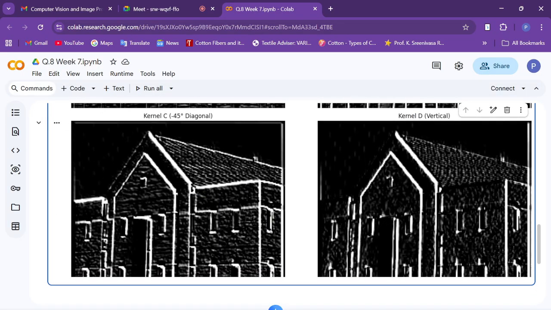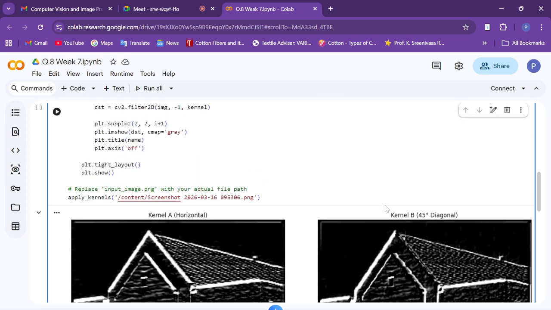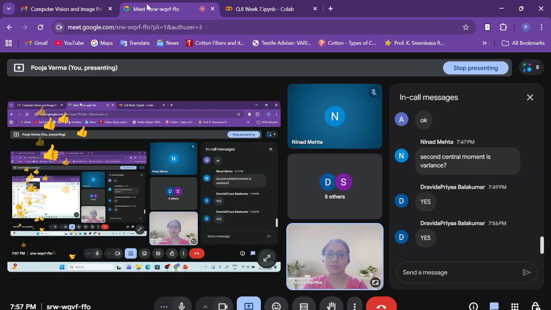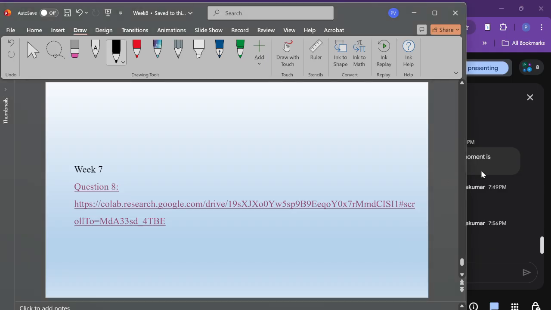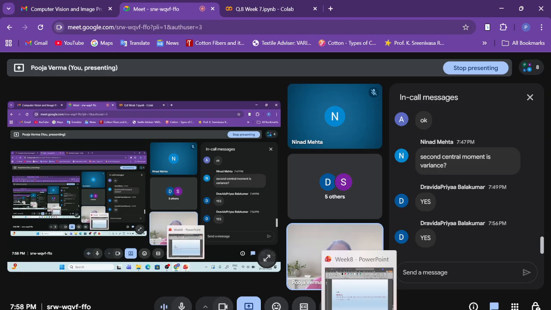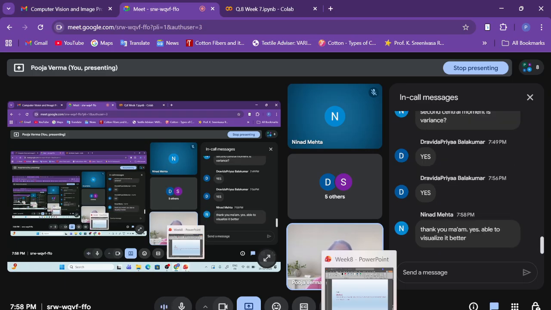This is a representation of the different kernels. I just wanted to show you. Are you able to visualize exactly how it is performing? It is updated and included in the slide. If you open that link, you can see and download the code.